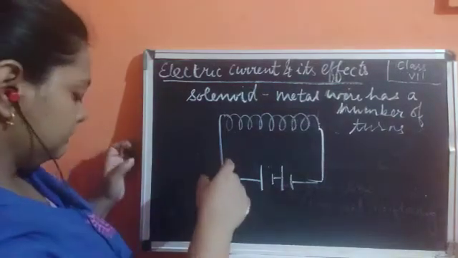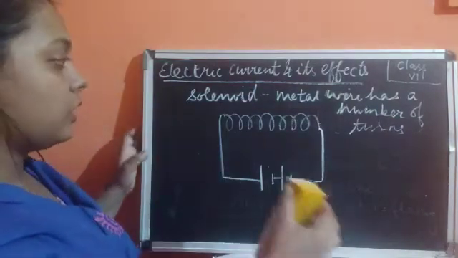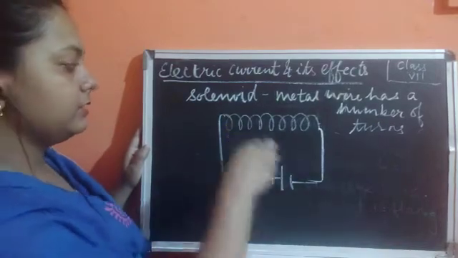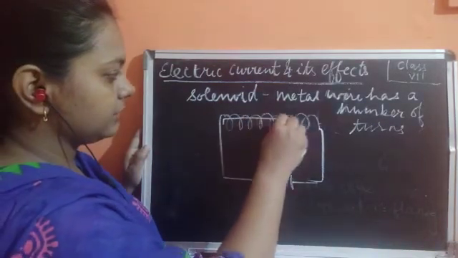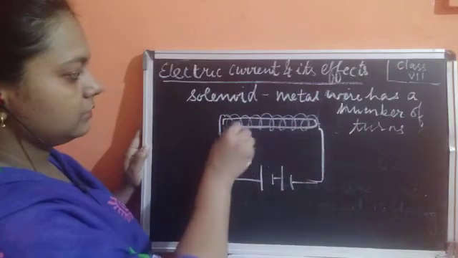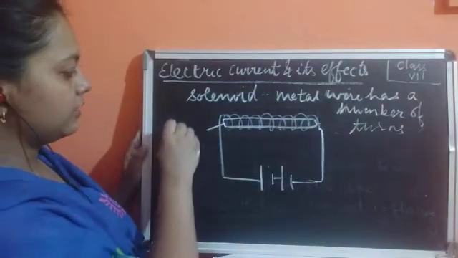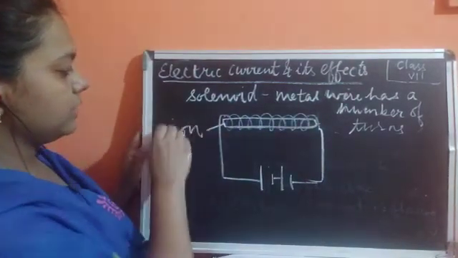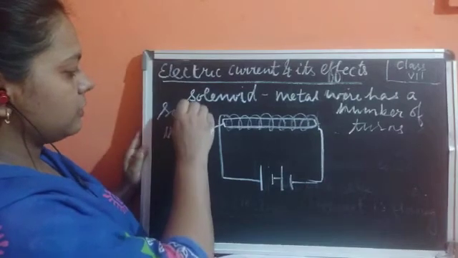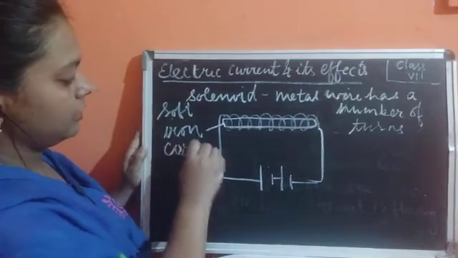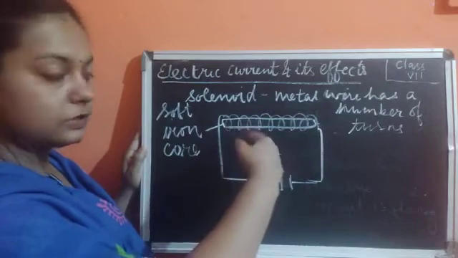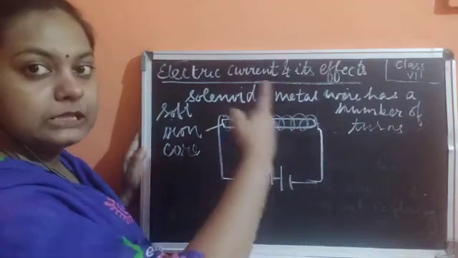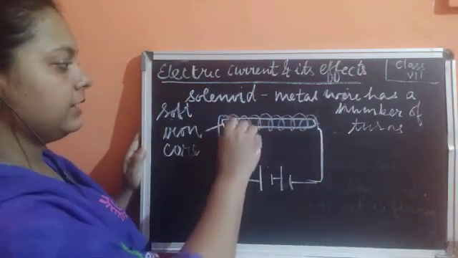Now, if this solenoid has one iron rod inside, which is known as the soft iron core, upon which this solenoid is being wound. This copper wire is being tightly wrapped.